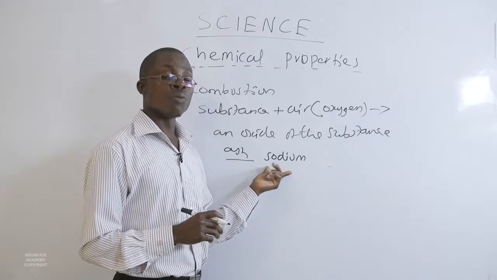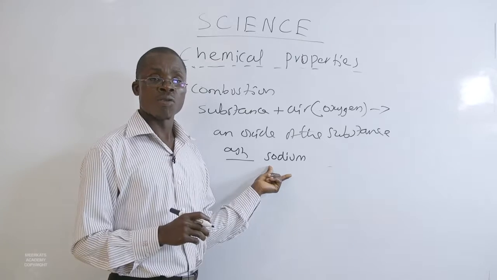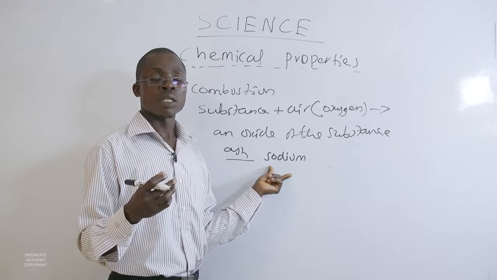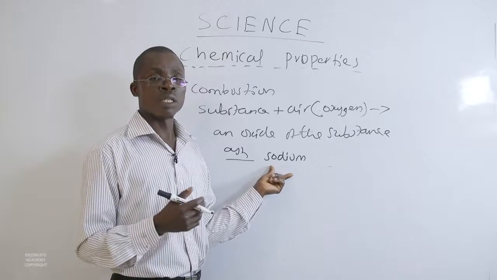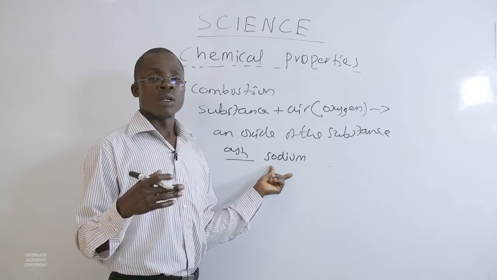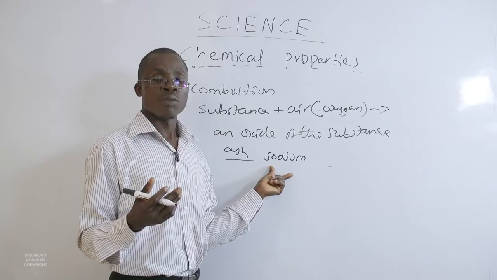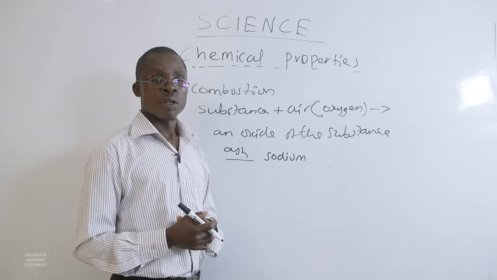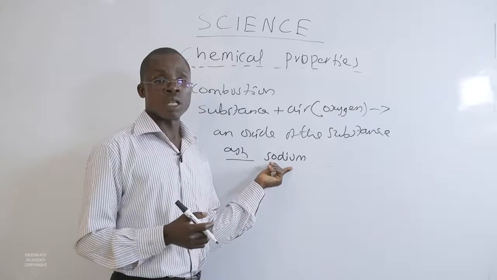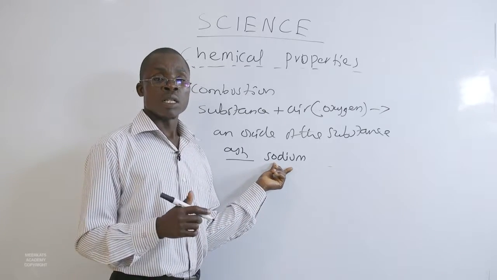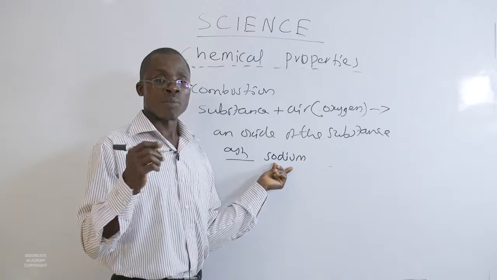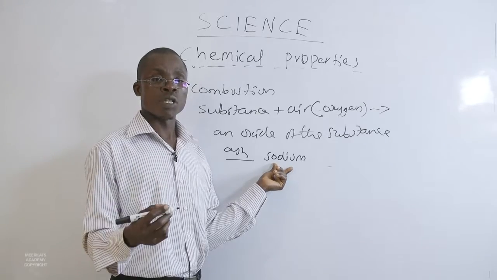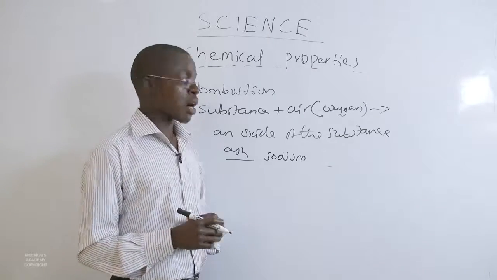That's why when you burn wood, you see a yellow flame. When you look at higher levels of study, when you will be looking at things like flame tests of cations, you'll discover that when you test sodium using the spectrum of sodium, the spectrum of sodium will be a yellow color.